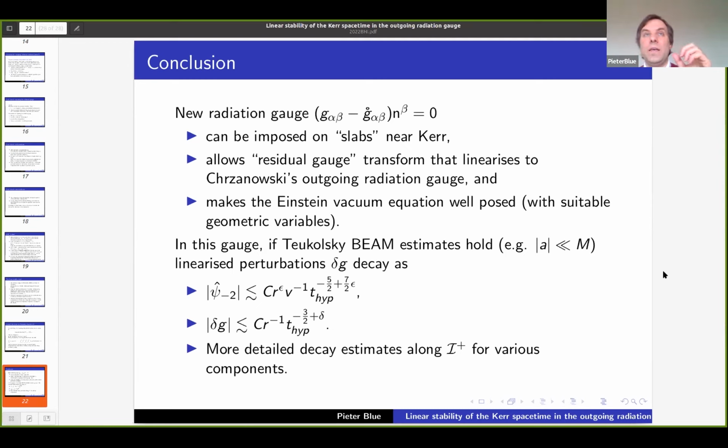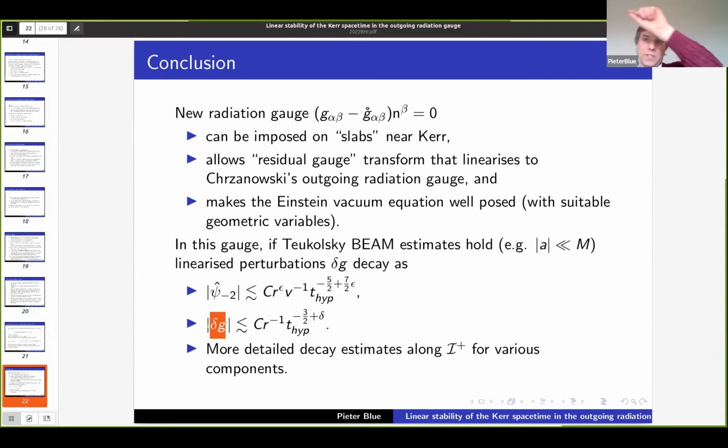And if you have the Teukolsky variable in one regularity, then for the metric components that we reconstruct with the argument that we currently have, there's several dozen derivatives of loss. In an L infinity sense, the metric is quite a bit lower regularity than the Teukolsky variables.